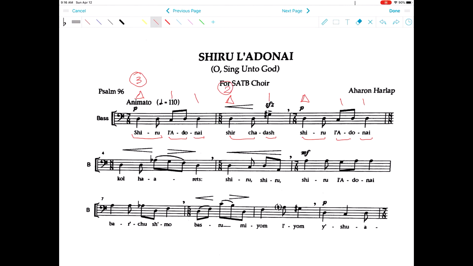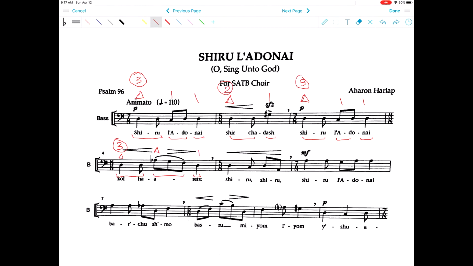In the next bar, again, we go back to the large macrometer of 3 with the long beat on the first beat. Let's look at the next bar, bar 4. It's in 8/8, but it's not in a duple feeling. We've got a feeling of 3, a feeling of 3, and a grouping of 2. So our macrometer for this 8/8 bar is going to be 3 with 2 long beats.